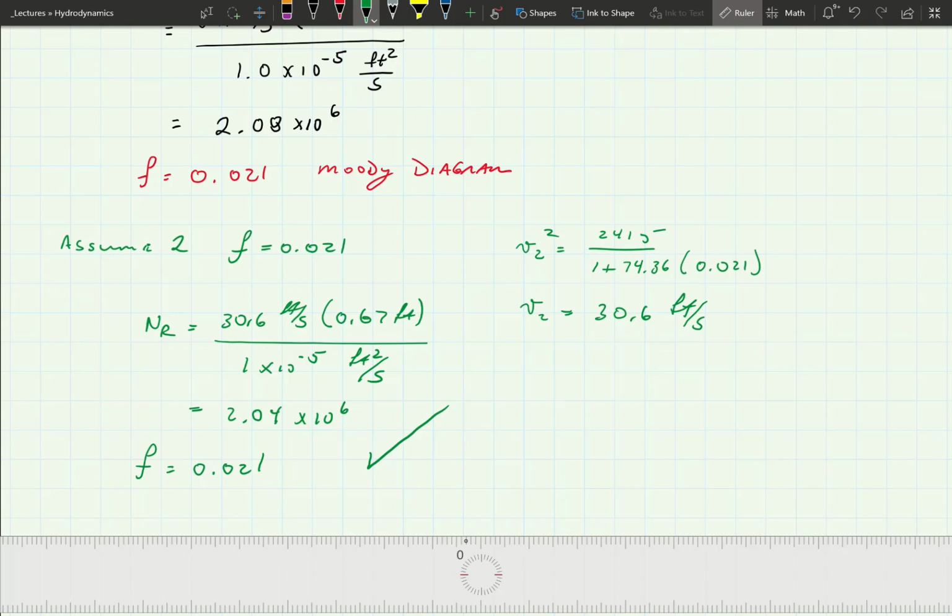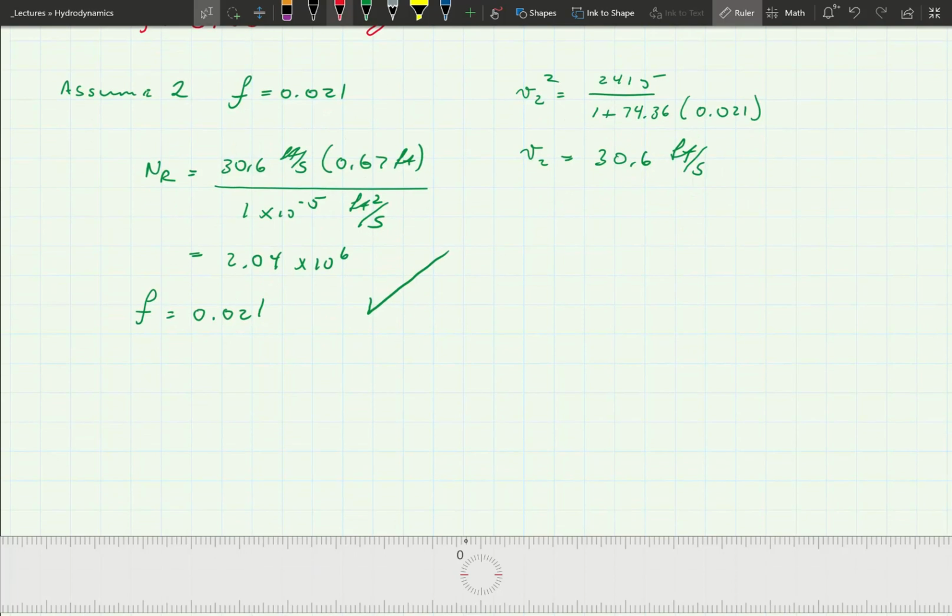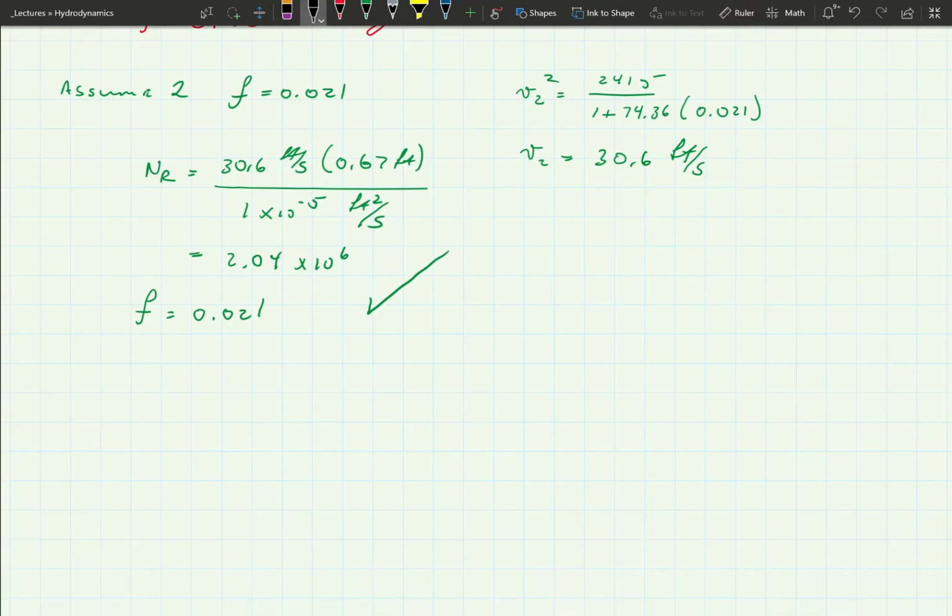All right. Now, the rest of the work, let me finish this off and we can call this done. And we'll play another one of these on Wednesday. So we know the velocity 2 is 30.6 feet per second. Q is equal to velocity 2 times the area.